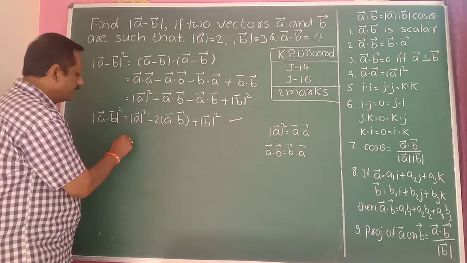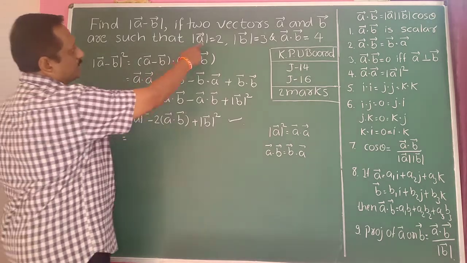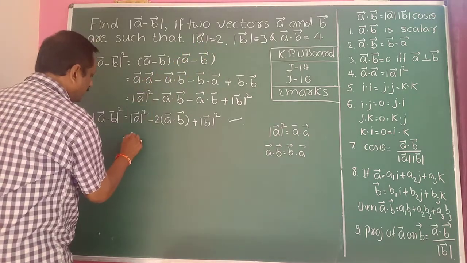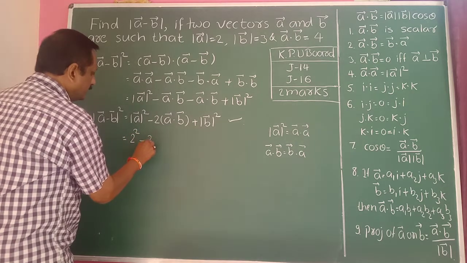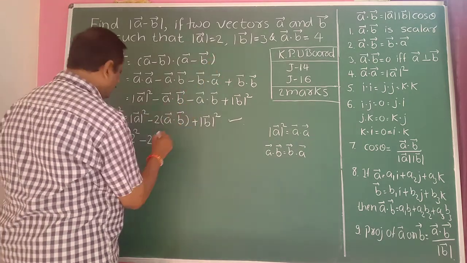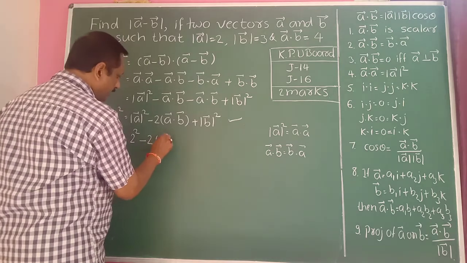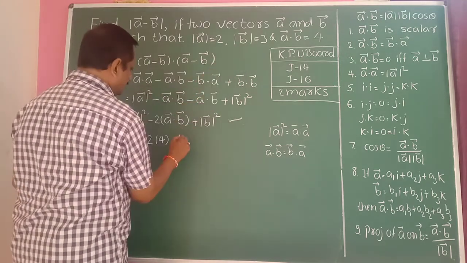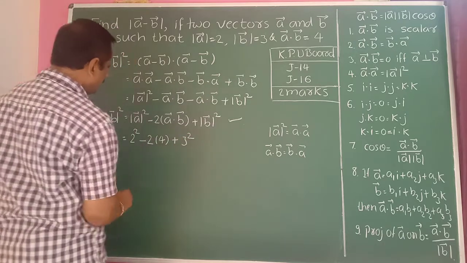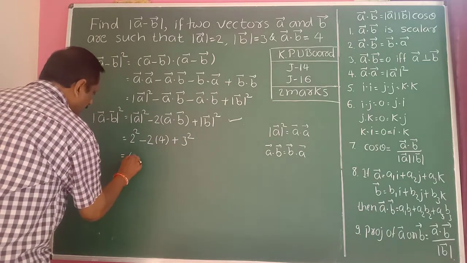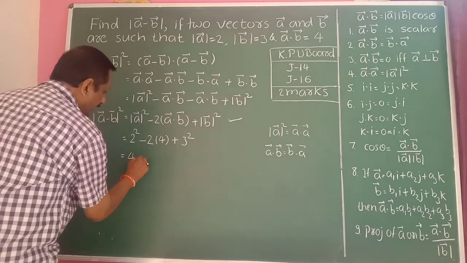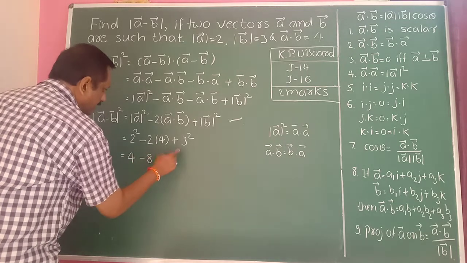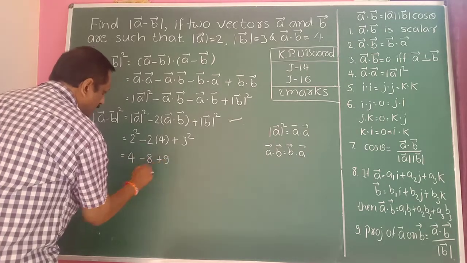Therefore, this is equal to modulus of a bar is 2, so 2 square, minus 2 into a bar dot b bar is 4, so write 4, plus modulus of b bar is 3, so 3 square. Therefore 2 square is 4, 2 4s are 8, minus 8. 3 square is 9.